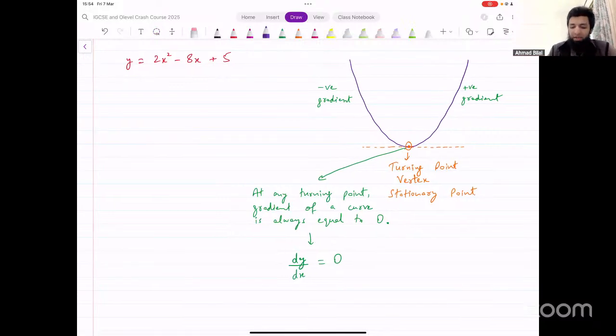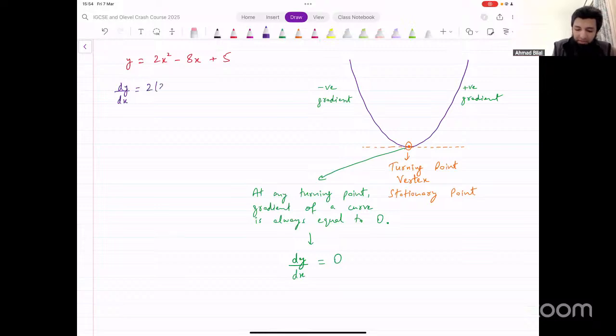Now let's apply this idea to this quadratic function. If we want to find that turning point, we can find the derivative of this function, dy over dx. Let's see what this turns out to be. You multiply by the power. That gives you 4 times x.